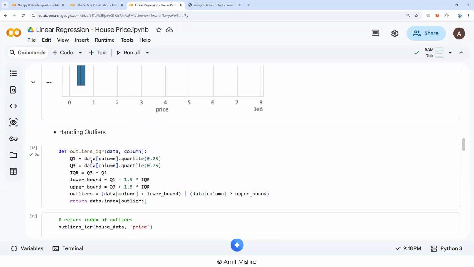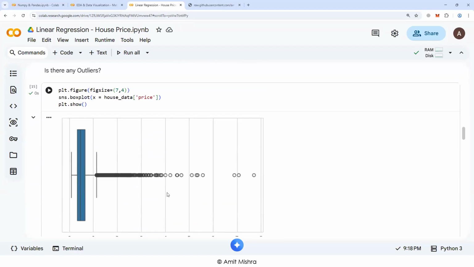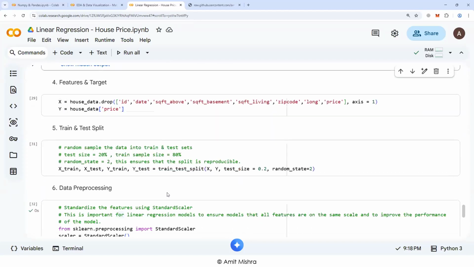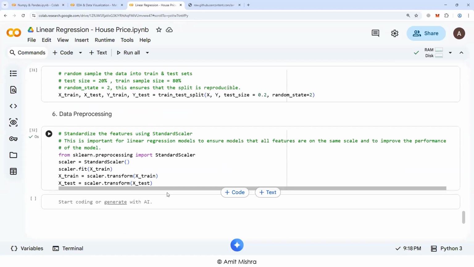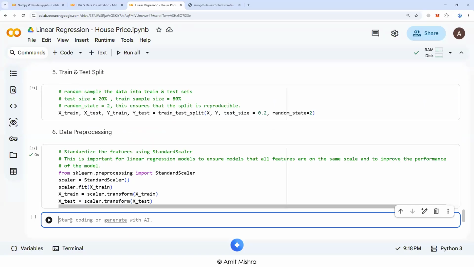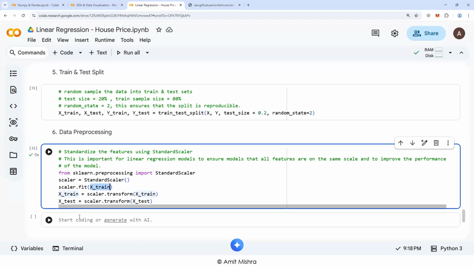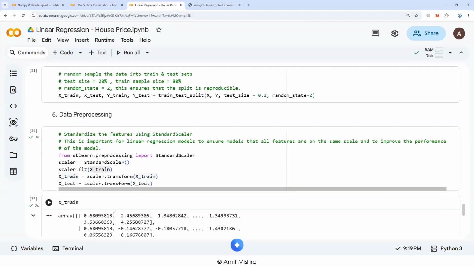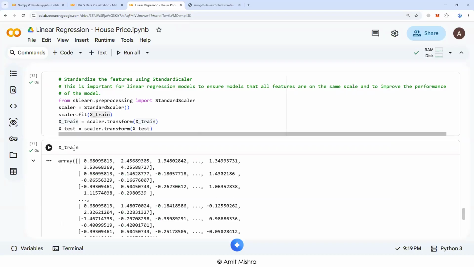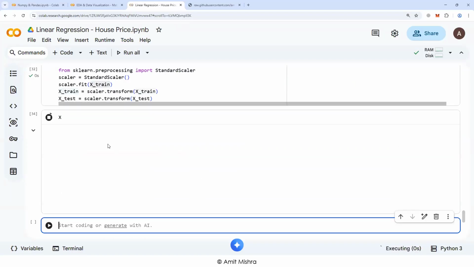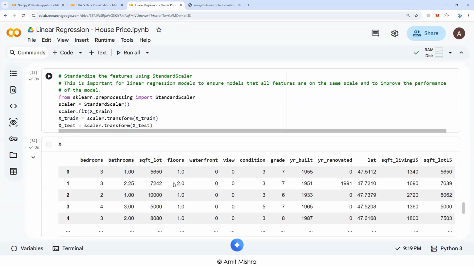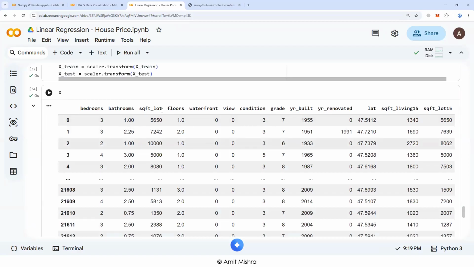Now see here in this case, why is it important to do this? Look at this X train data. Let's just take your X value. The features we have selected have different ranges. Bedroom is in the units range.